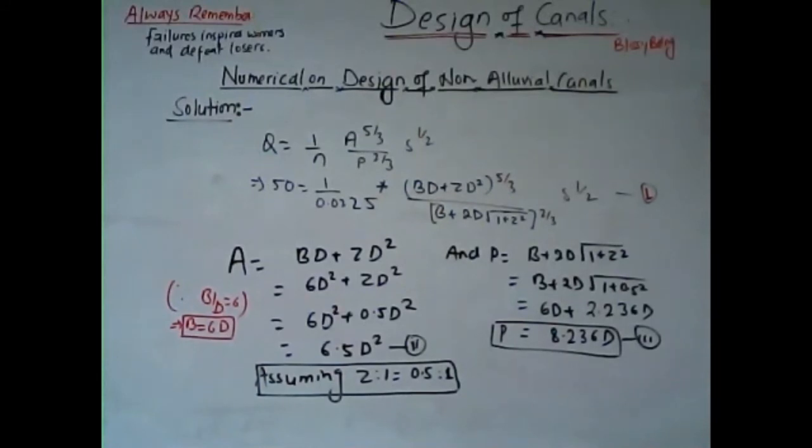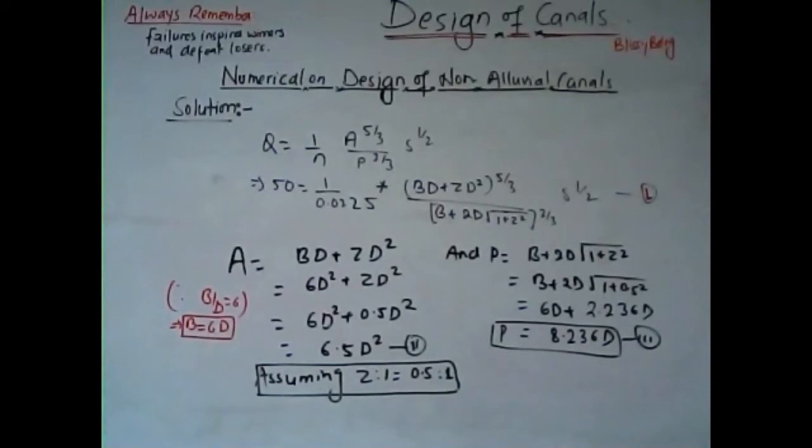We are assuming this is a cutting section, so we assume the Z to 1 ratio as 0.5 to 1. If you solve this, the weighted area can be given as 6.5 D square. Likewise, the parameter is P equals B plus 2D root of 1 plus Z squared.